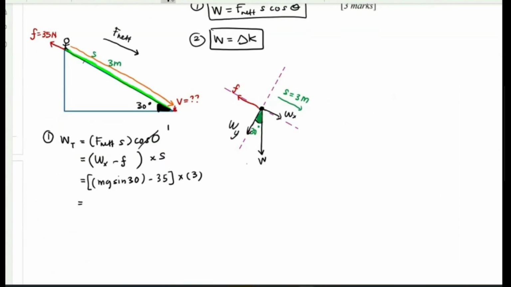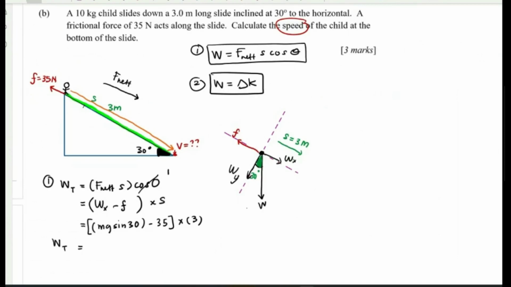Cuba carikan berapa work WT. Dapat 42.15. 42.15 joule. So when we use the work energy theorem, sebab kita tahu work energy theorem is equal to kinetic energy final minus kinetic energy initial. So W equal to delta K.